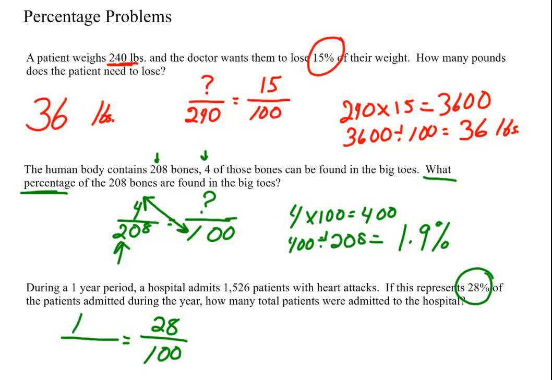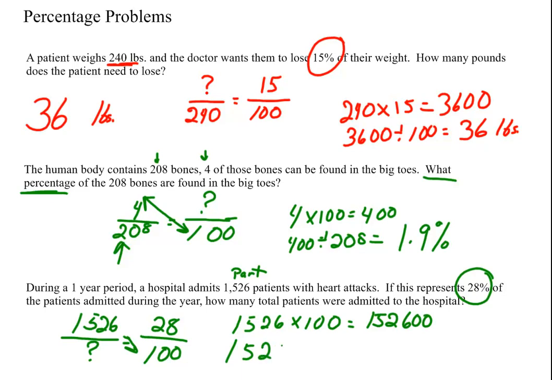So we know now that 1,526 is the part, and we don't know the whole. So multiply across. 1,526 times 100 is equal to 152,600. 152,600 divided by 28 is equal to 5,450.